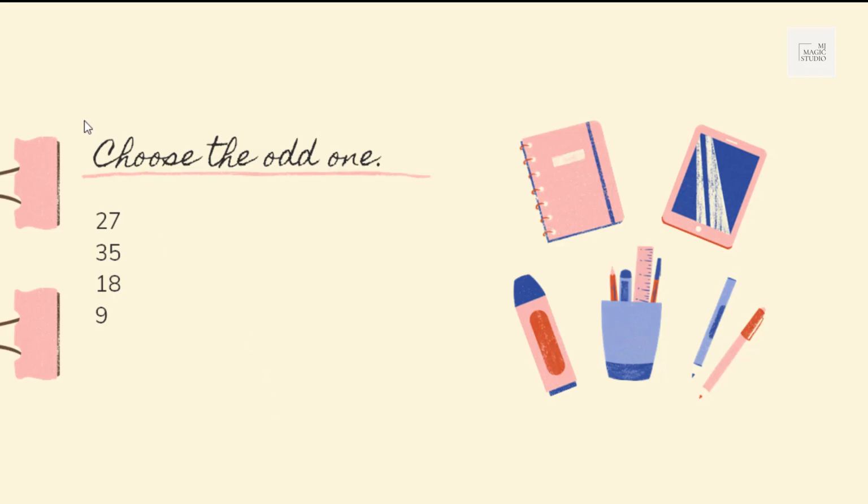So let's take up one example with number classification. Choose the odd one out, the one which is the odd one in this group of numbers: 27, 35, 18 and 9. The very first thing that comes to our mind is, are there any prime numbers?